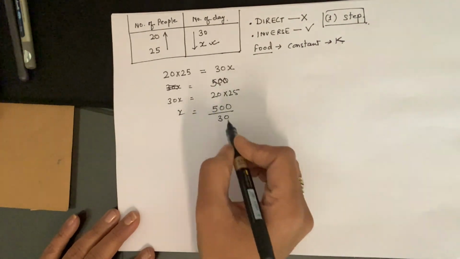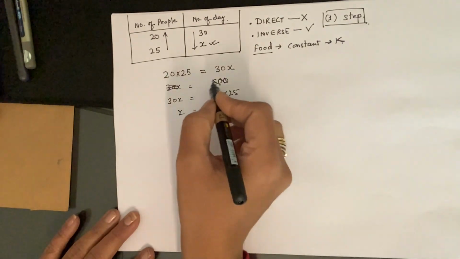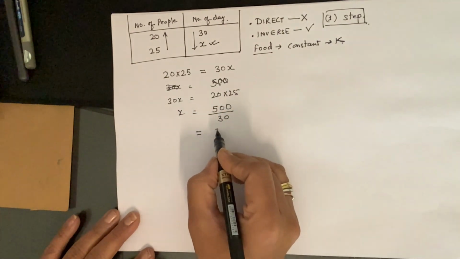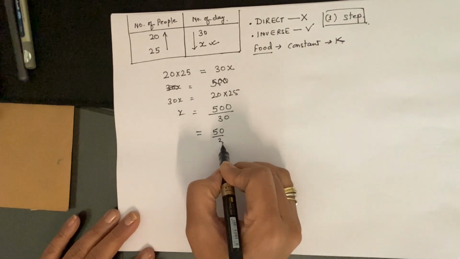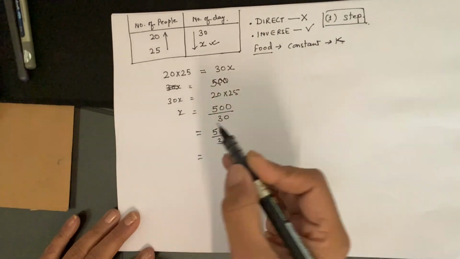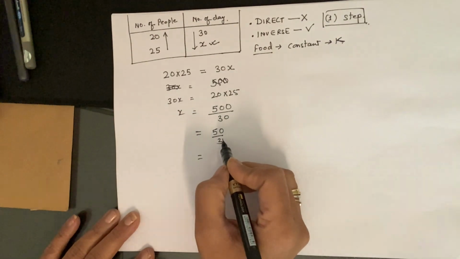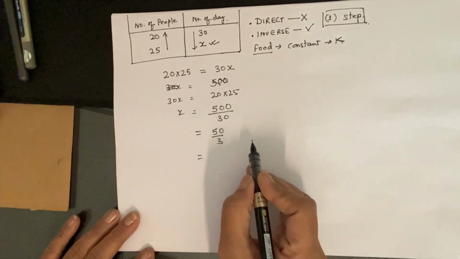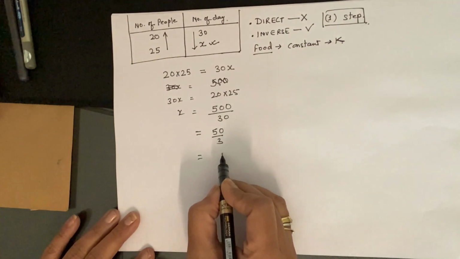So we'll have to show this entire step so that there are no calculation mistakes. Now this equals 50 divided by 3. If we can solve it further, then we can define the number of days. Otherwise it will be in decimal.